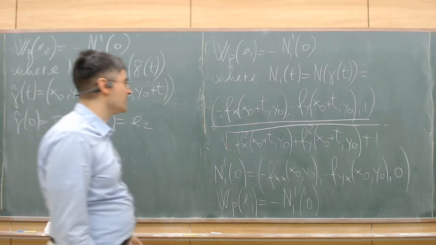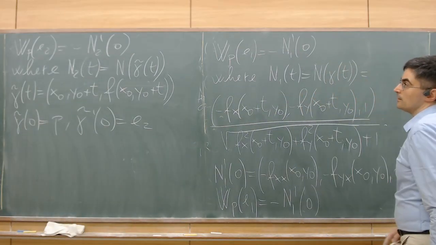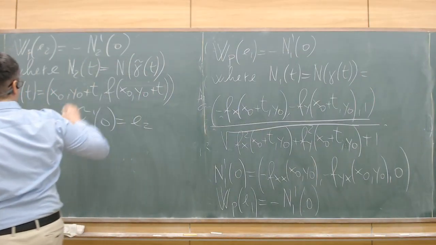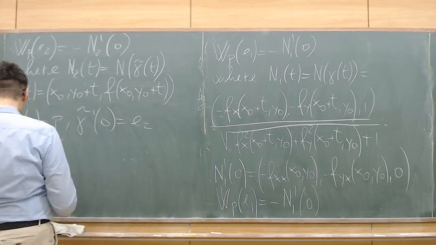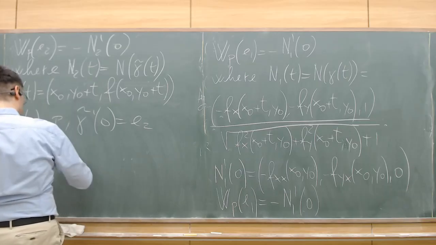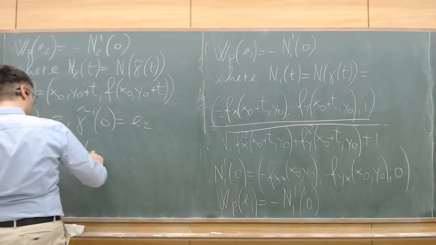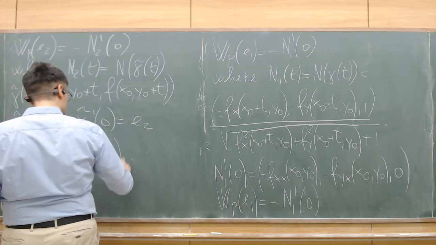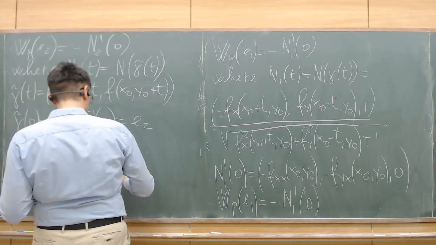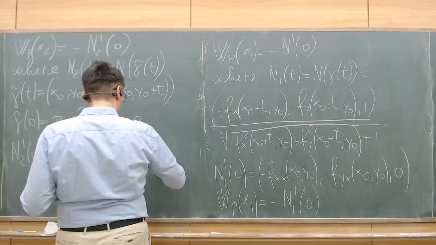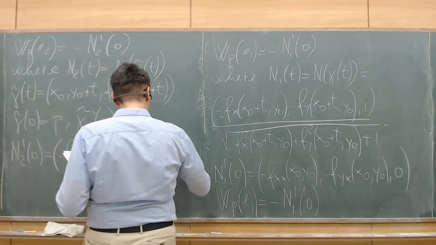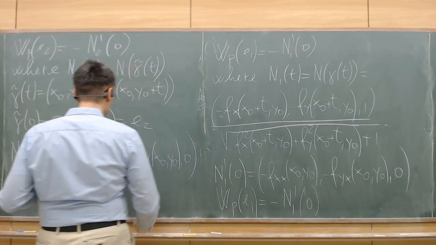And if you make this computation, you will find that n2 prime of 0 is equal to minus fxy at x0, y0, fyy at x0, y0, 0.